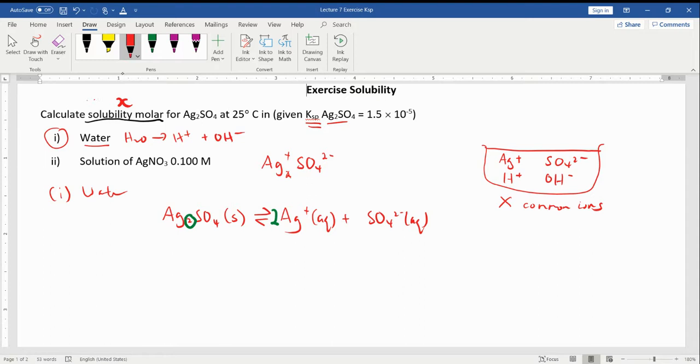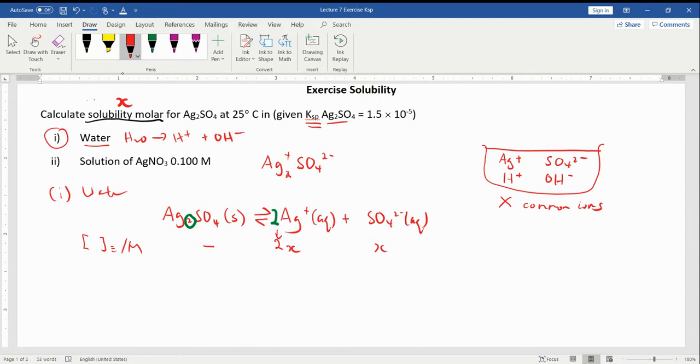Now we move on to the next one, where we calculate the molar solubility at equilibrium. The solid concentration is constant. This one will be 2x, then this is x.